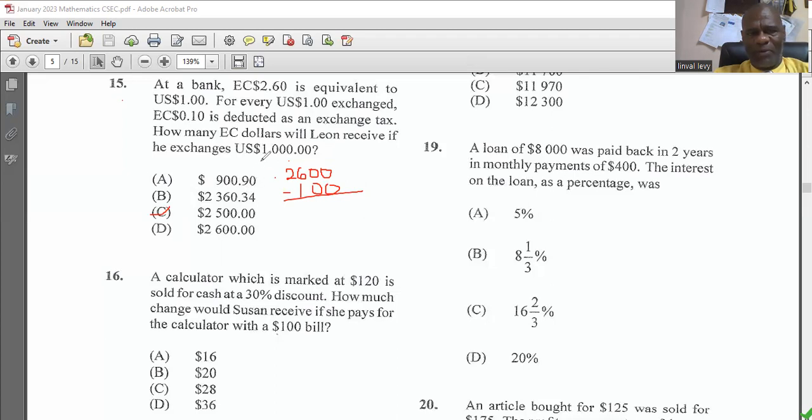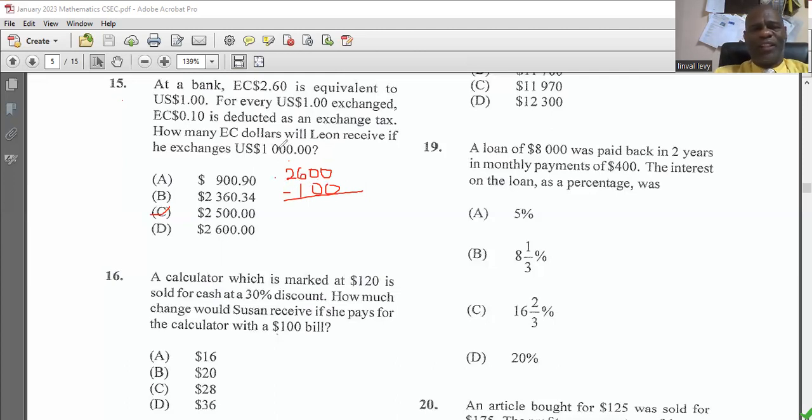Right? So just to remember, you read the question in its entirety. So $1 is 260 EC. Good. And then when you multiply 260 by 1,000, you get 2,600. And then you're going to take out the taxes, which is 10 cents for every US dollar exchange.